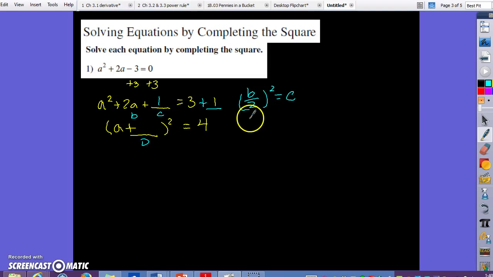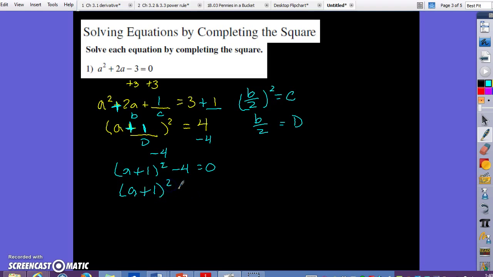And the best way to find D is to do half of B. B is positive 2a, and so this would give us a positive 1. So there we go, we have that. Our last step in completing the square is to subtract 4 from both sides. And so now I have a plus 1 squared minus 4 equals 0. And if I just change that 0 to a y, I have my vertex form.